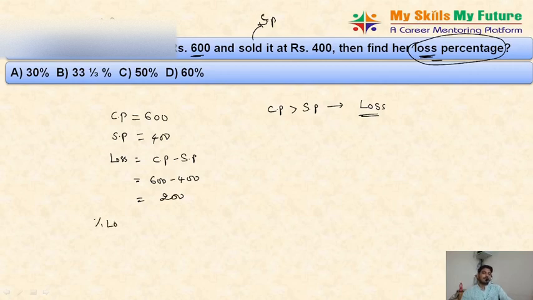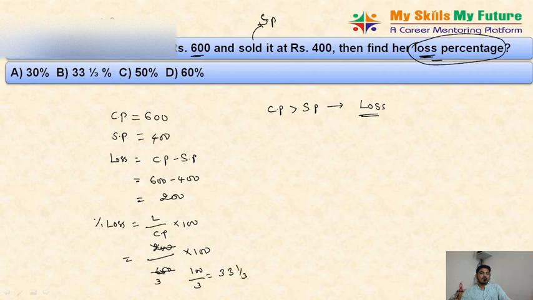So what is the percentage loss here? Loss divided by the cost price into 100. That equals 200 divided by the cost price, that is 600, into 100. These two zeros get cancelled, two ones and two threes get cancelled. We get 100 divided by 3, nothing but 33 1 by 3 percent loss here.